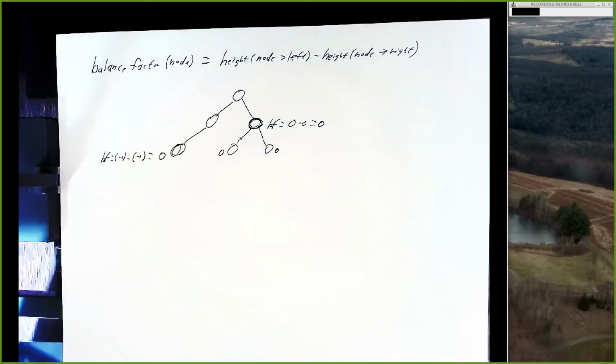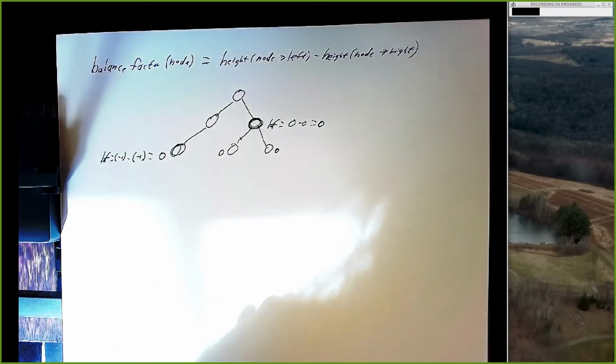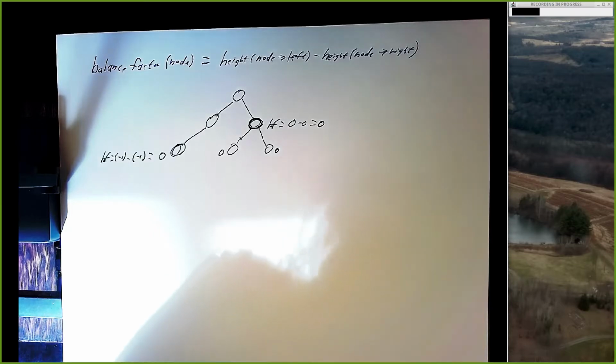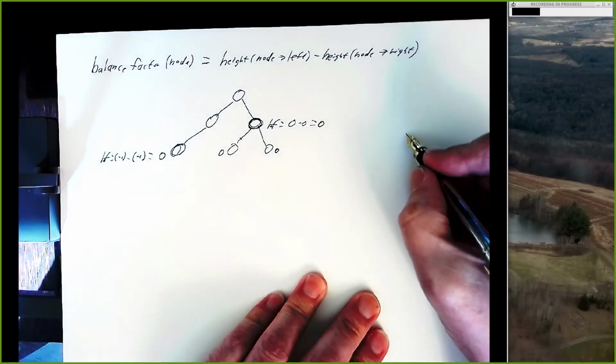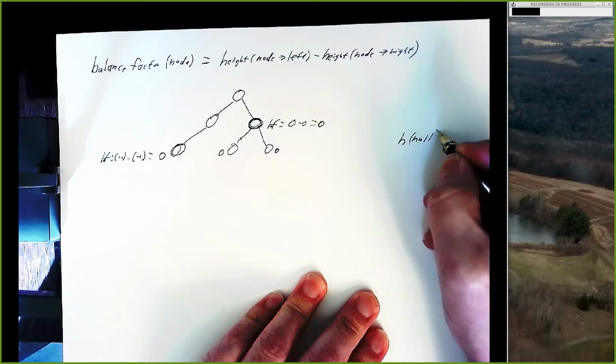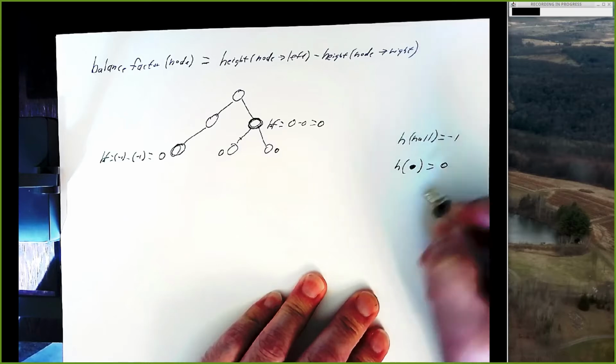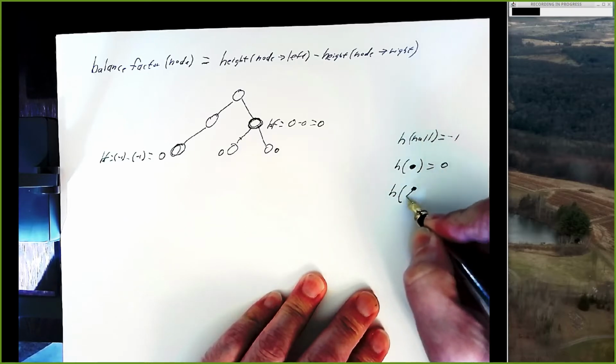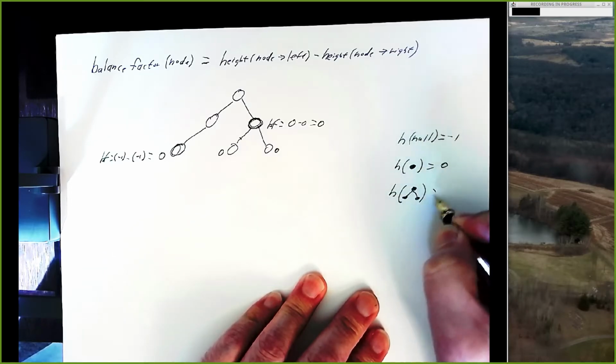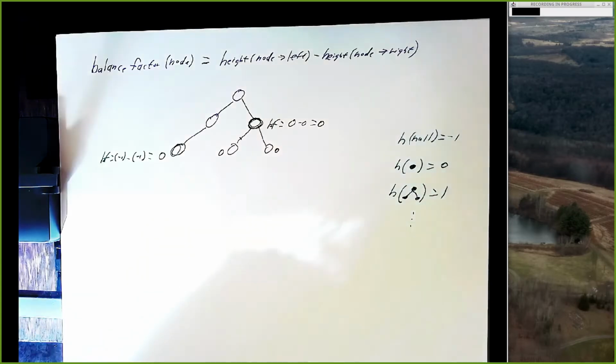That's also 0. Oh, so null is -1, but if there's only one node, then it's 0. Yep. So the height of a null is -1. The height of a single node is 0. The height of something with one level would be 1, and so on.